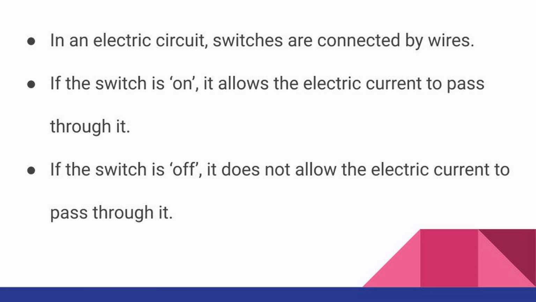In an electric circuit, switches are connected by wires. Whenever there is an electric circuit, we can find the wires inside the electrical circuit and the switches are connected by wires. If the switch is on, it allows the electric current to pass through it. If the switch is off, it does not allow the electric current to pass through it.